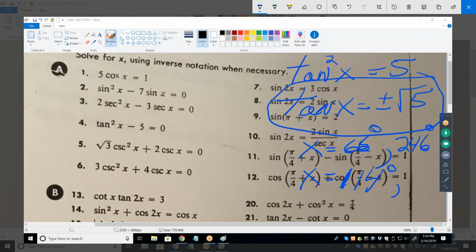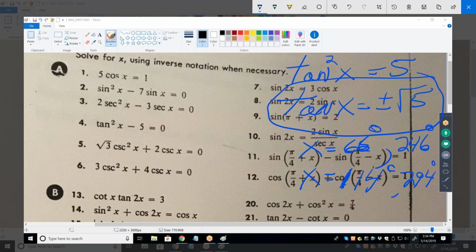Would that be 294? Hold on, no, it's not 294. Yes, it is. My math. 294. So those are the 4 angles in the unit circle.